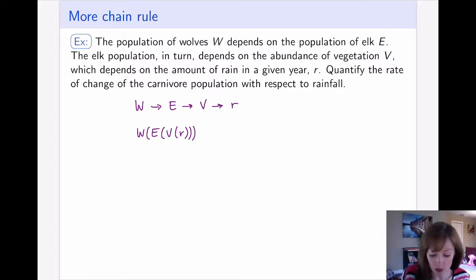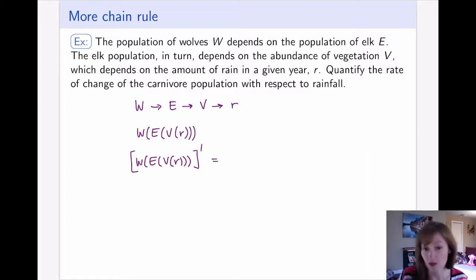So let's say I am taking this function in this function notation, and I would like to take a derivative of it. The chain rule says that you first take a derivative of the outsidemost function while keeping the inside, and then proceed to work your way in. So the outsidemost function is W.